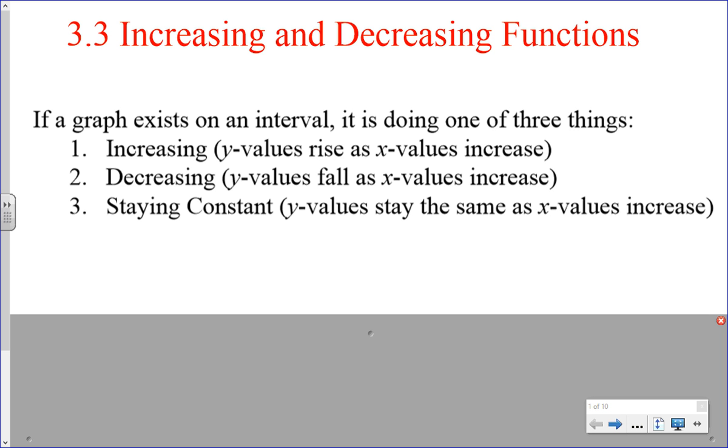So let's talk about the calculus behind all of this.